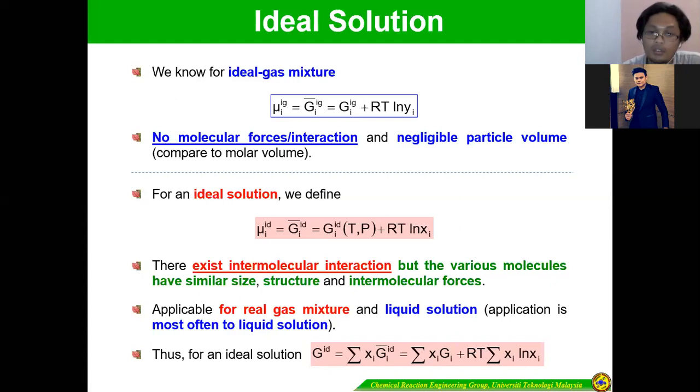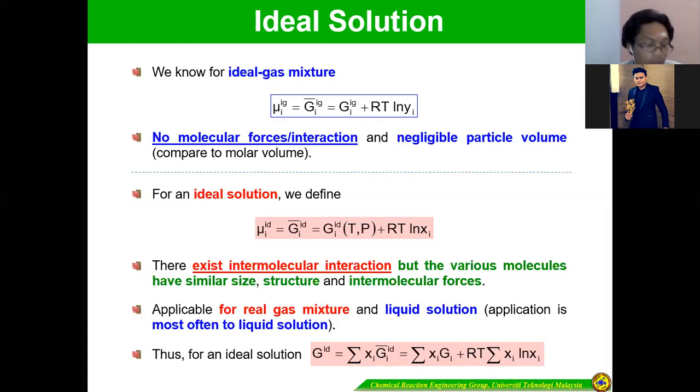They have almost similar size and structure. But it is different from the ideal gas mixture, because in the ideal gas mixture there is no molecular force or interaction. For the solution there is intermolecular interaction, but the molecules have similar size, structure, and similar intermolecular force. That's the assumption for the ideal solution.